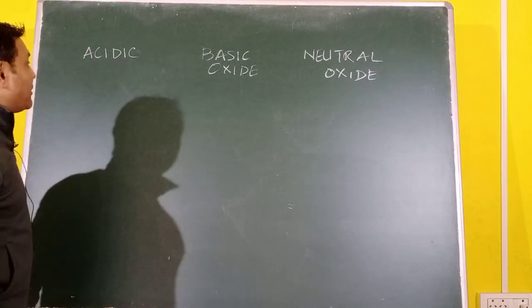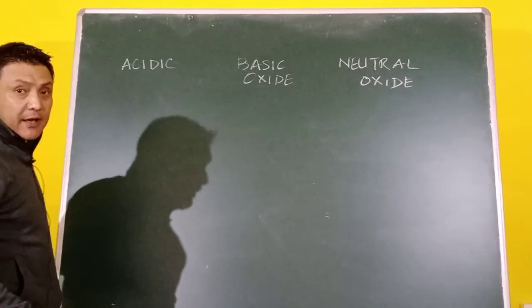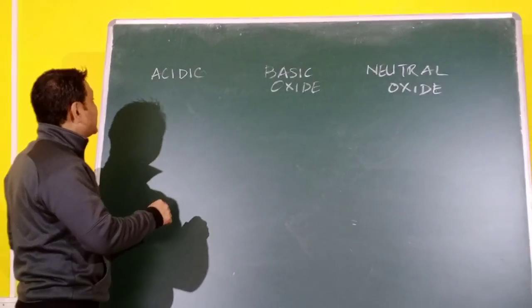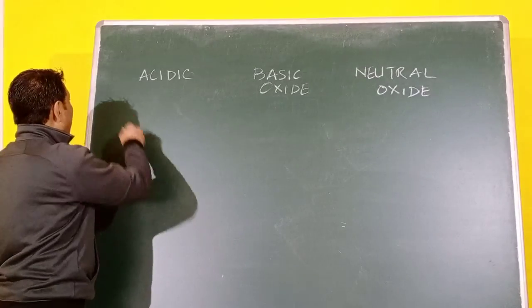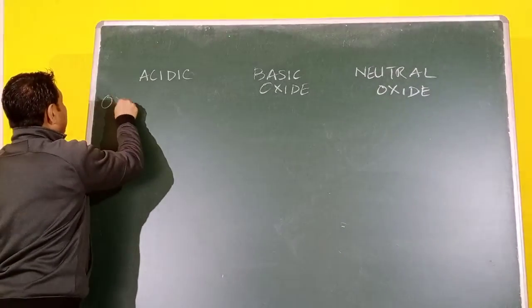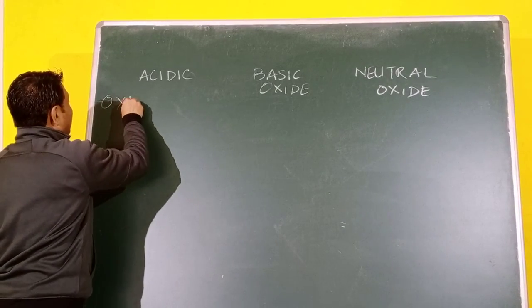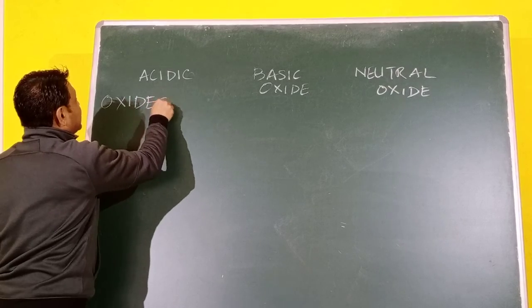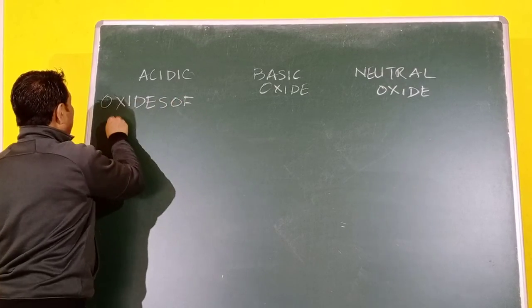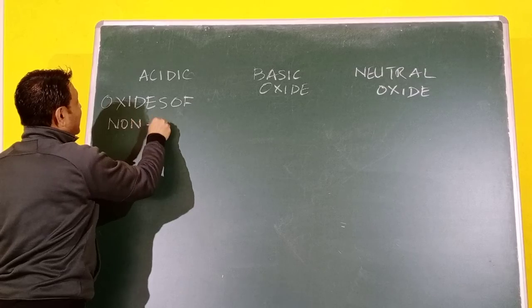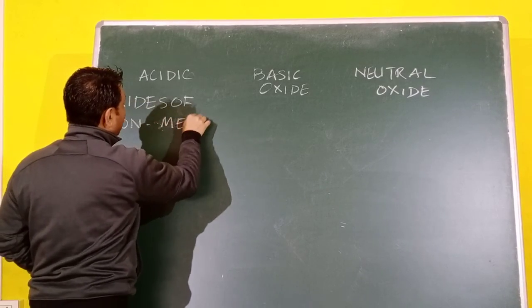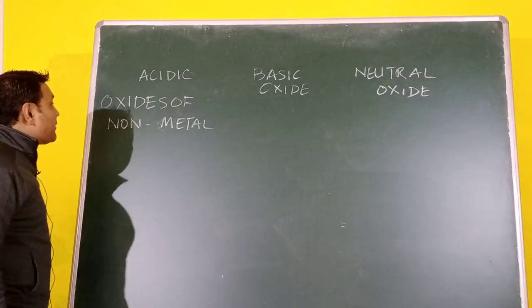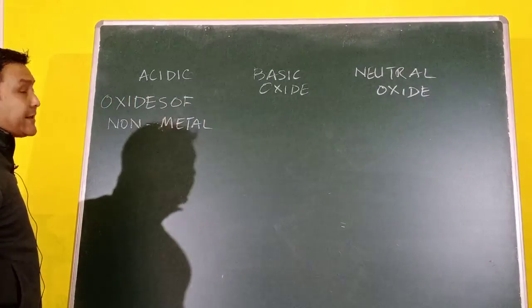Now first we talk about the acidic oxides. If you want to understand what an acidic oxide is, they are usually oxides of non-metals. Oxides of non-metals are acidic oxides.